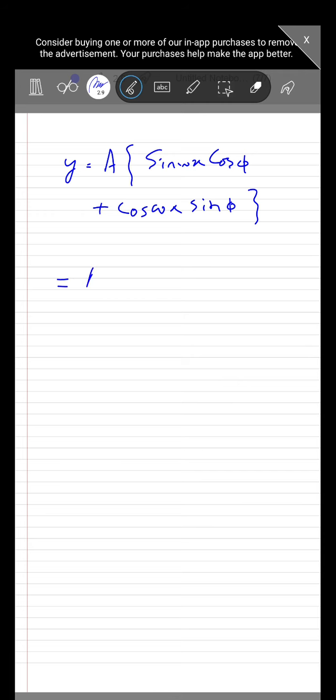So this is equal to A sine, let's say you can write this one as A cos phi sine omega x plus A sin phi cos omega x.